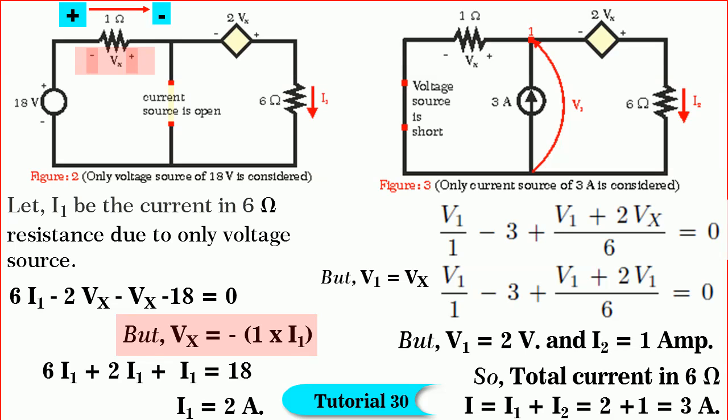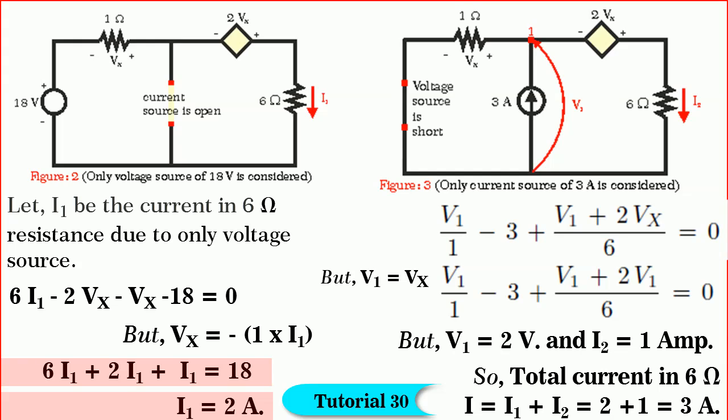So, the drop in the 1 ohm resistance should have the polarity opposite to that of the given polarity of Vx. Therefore, Vx is equal to minus 1 into I1. By solving this simple equation, we get I1 is equal to 2 amperes. Note the answer is positive, which means current will flow in the clockwise direction.